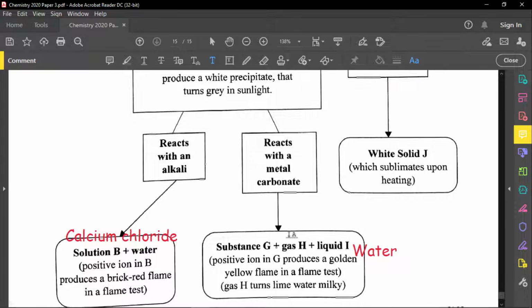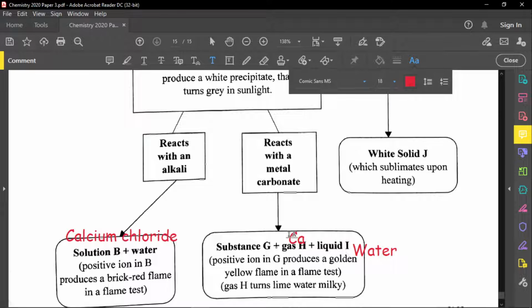Gas H must be carbon dioxide. So I'm putting carbon dioxide right here, because remember, acid plus carbonate gives us salt, water, and carbon dioxide. So substance G has to be the salt, because this here is a liquid. So this is carbon dioxide.